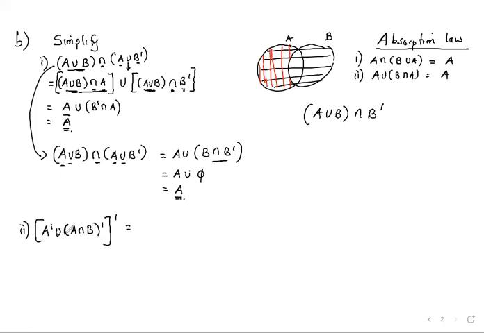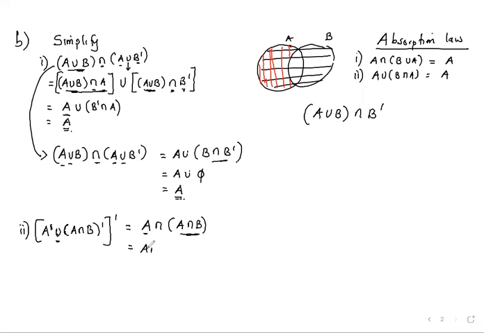So you distribute the complement. A complement is just A, and this changes the intersection. And then we have A intersection B complement. So now if we have this, it means that this is A intersection B, and this is A. So what do we get?